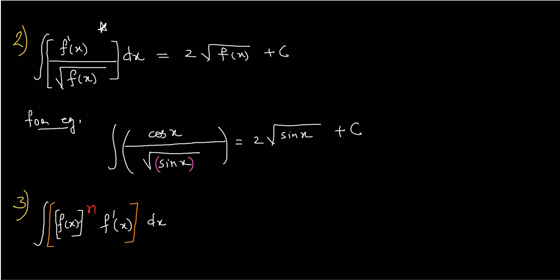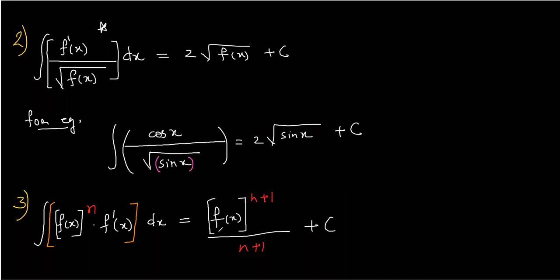If you have an integrand like this, where you have a function having power n, and the derivative of that function is multiplied with this, then the answer that you write for this is f of x raised to n plus 1, divided by n plus 1, plus c.